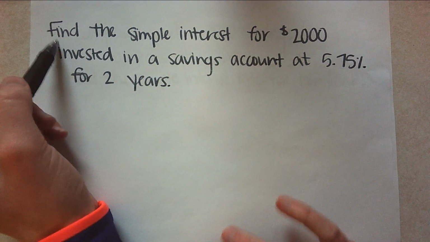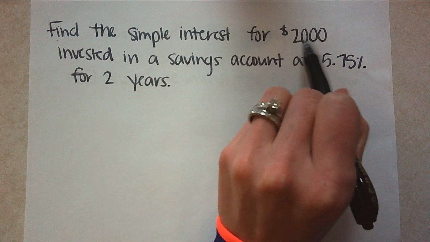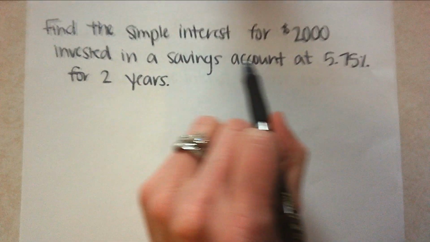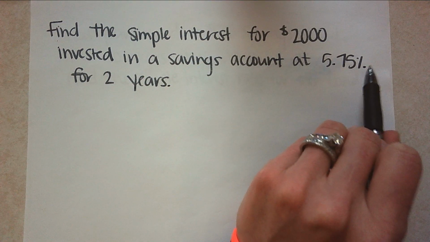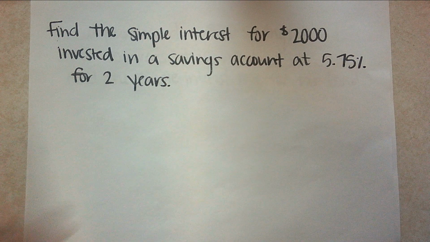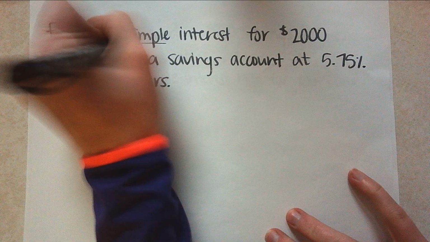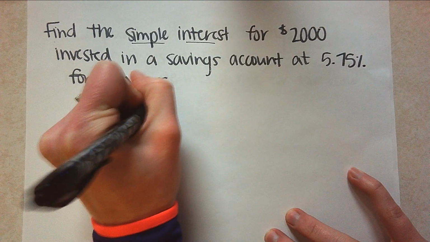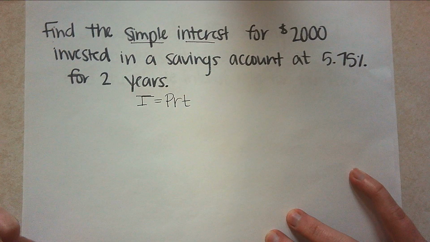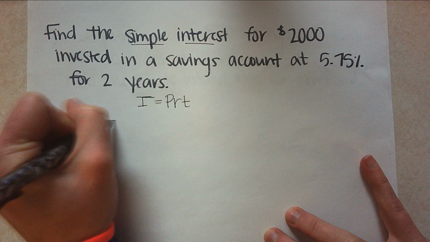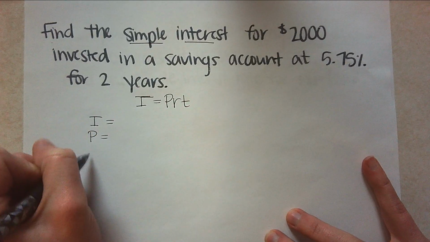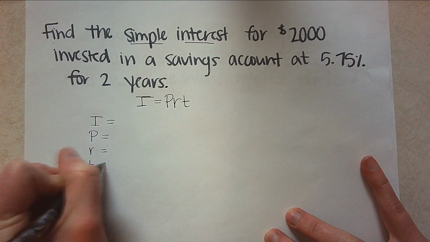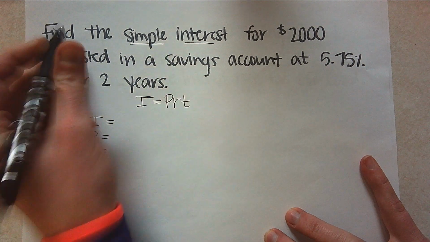So our word problem here says find the simple interest for $2,000 invested in a savings account at 5.75% for 2 years.